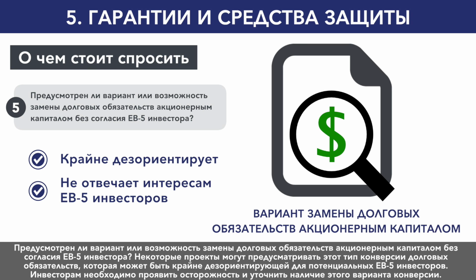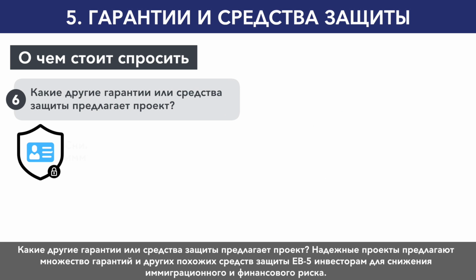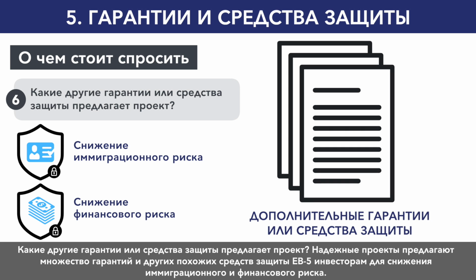Some projects have this type of a loan conversion option, which can be highly misleading for potential EB-5 investors. Investors should be cautious and confirm if this type of conversion option is present. What other guarantees or protections does the project offer? Strong projects offer multiple guarantees and other similar protections for EB-5 investors to reduce both immigration and financial risk.